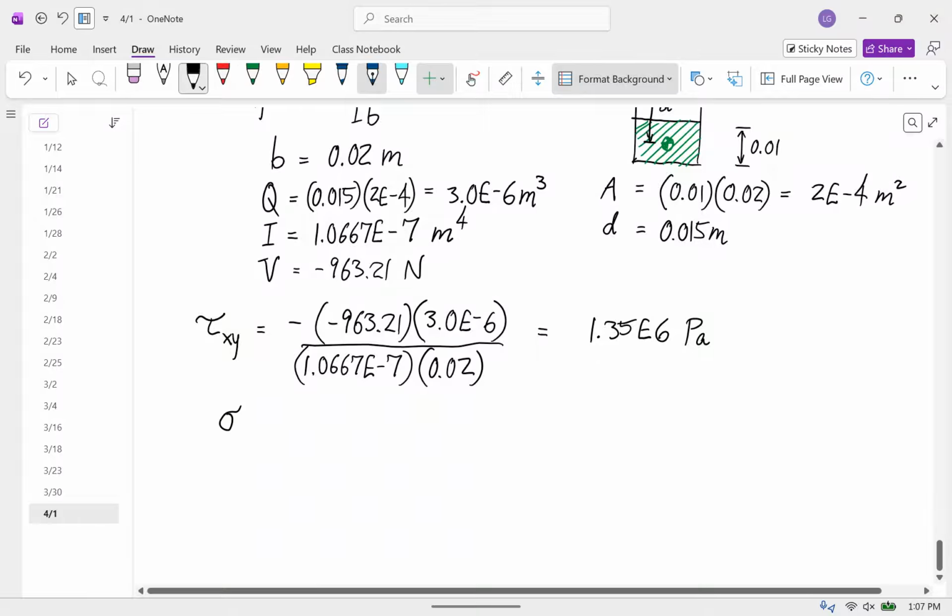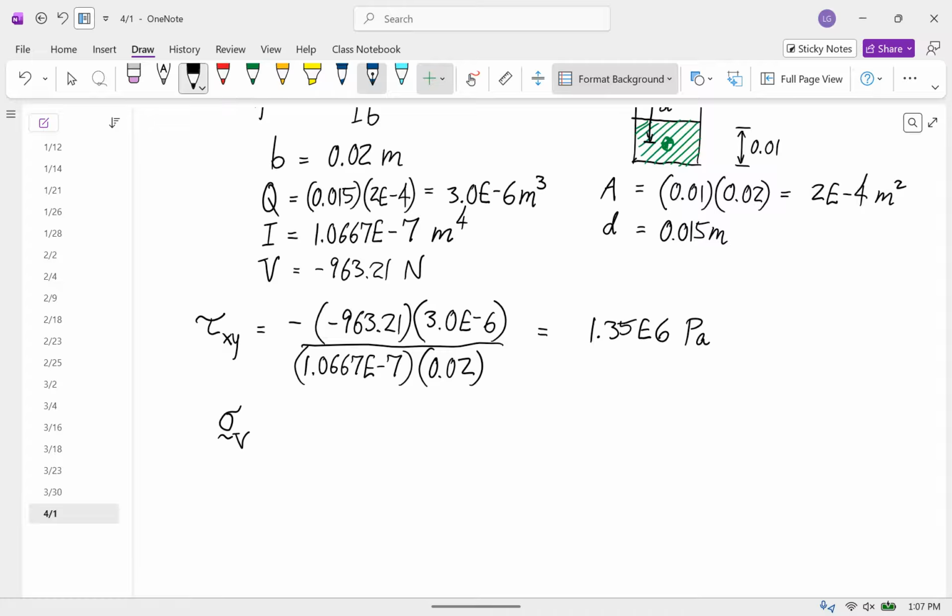And so the stress tensor due to shear force is 0, 1.35 times 10 to the 6, 0, 1.35 times 10 to the 6, and zeros everywhere else.